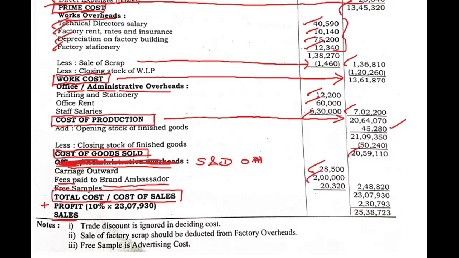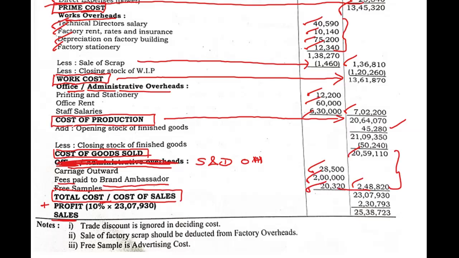And last, free samples given to the customers for promotion of the goods amount to 20,320. Total selling and distribution overheads is 2,48,820. Adding all those things to the cost of goods sold, we will get the total cost, 23,07,930.